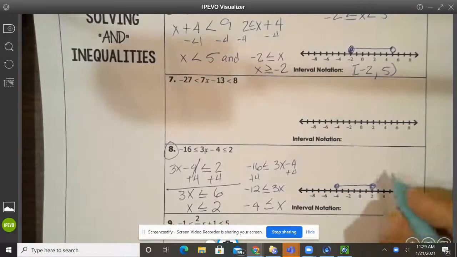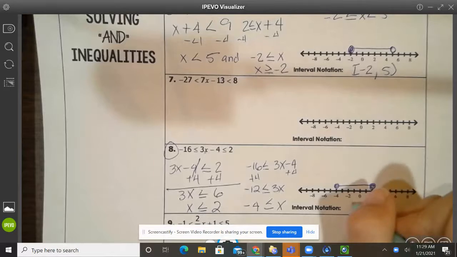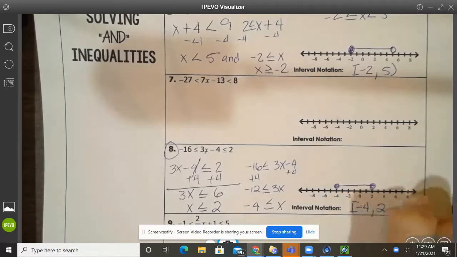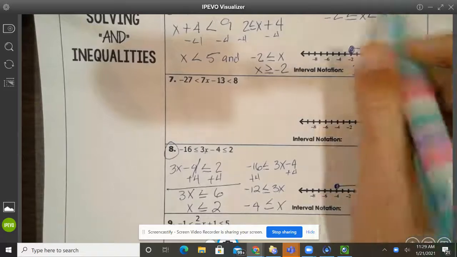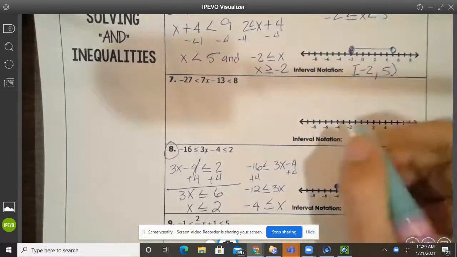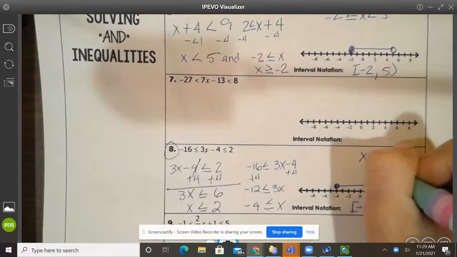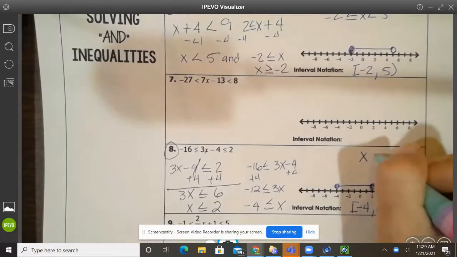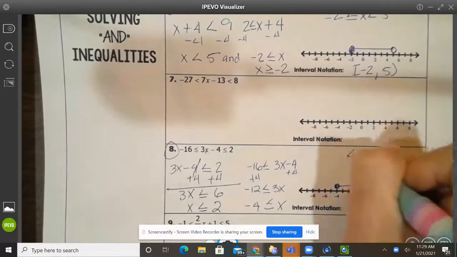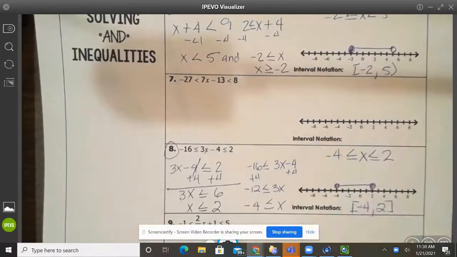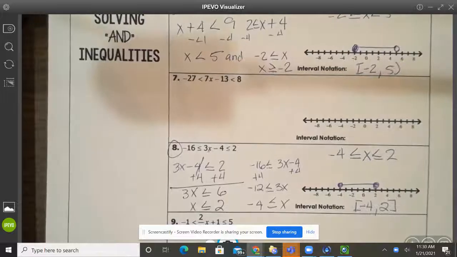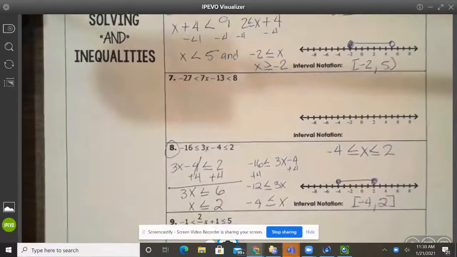And then my interval would be negative 4 included, and then 2 is also included. And my condensed inequality will look like that, with x in between, negative 4 and 2. And that's it. All right, so I hope this helps.